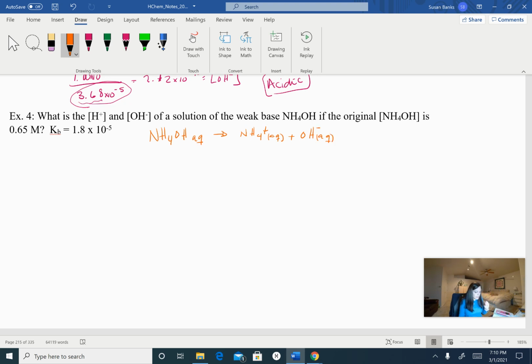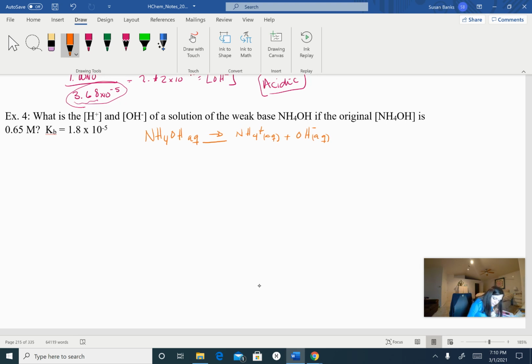Now, because this is a weak base, we know it doesn't really dissociate all that well. So honestly, that forward reaction doesn't happen that much. In all reality, this backward reaction that I'm just putting a backward arrow on happens more. And that's why I made that backward arrow bigger.